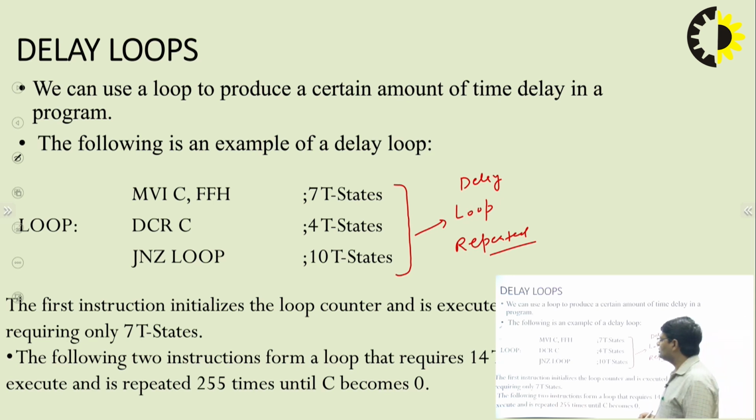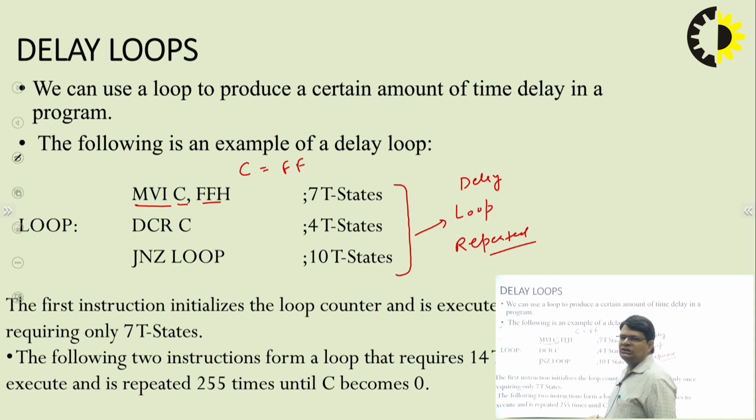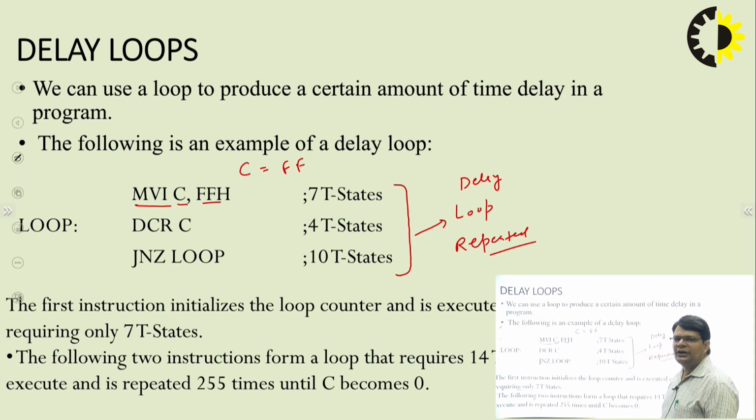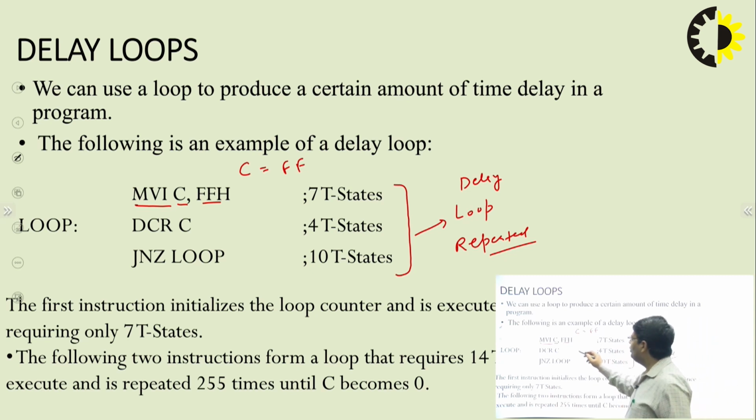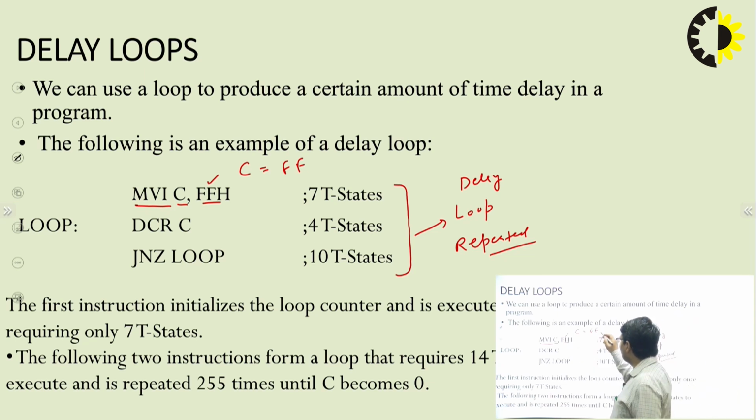So in this case, first of all, we are initiating the MVI C instruction, that is we are initializing the C register with value FF. That is, the C register or counter is started so that the loop can be repeated again and again equal to the value that is entered into this count register or counter C. So here this FF means 255 value, 0 to 255.